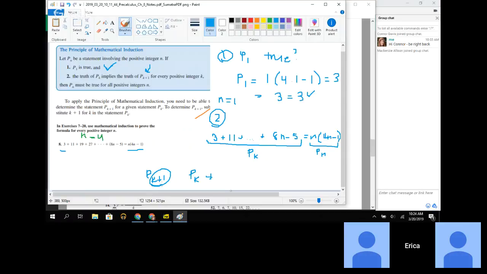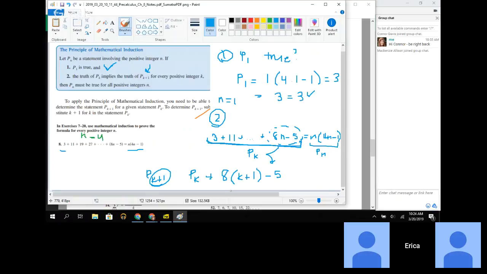I take this 8n minus 5, and my next term would be 8 times k plus 1, minus 5. This is my current series of numbers that I'm adding together, and I'm adding the next number on.